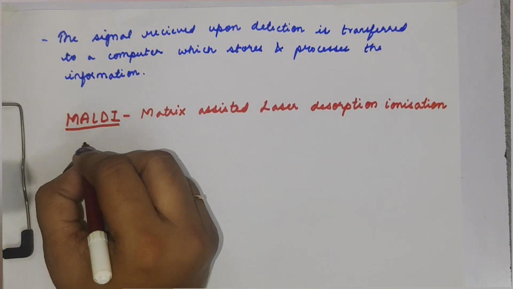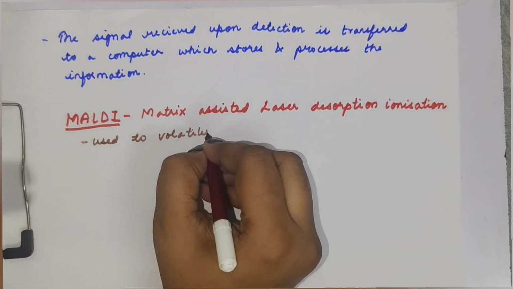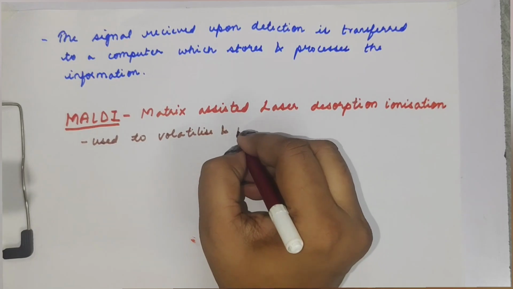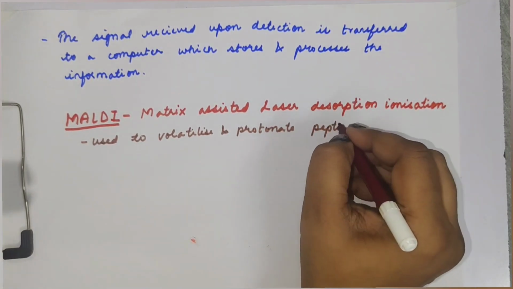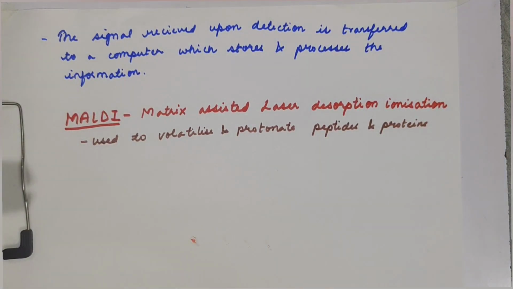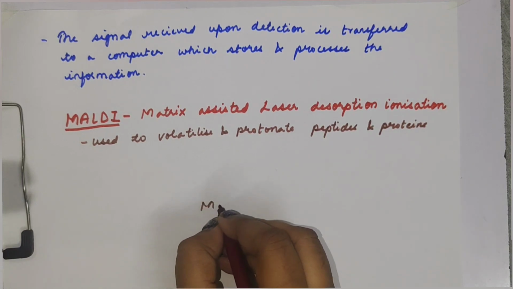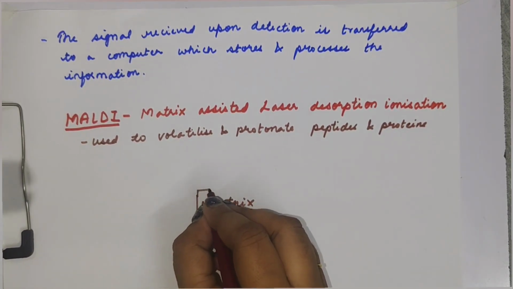Means, as you have seen, the sample which is to be taken in the mass spectrometer should be in vaporized form. Therefore, there are many methods which are used for the vaporization of the sample, and one of those methods discussed in your book is the MALDI method.